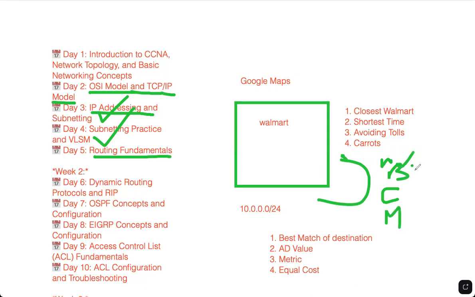But these are options that can be done to go to the Walmart, right? Similarly, in routing, there are different routing protocols. You can use a routing protocol like static routing. You can use protocols like RIP, OSPF, EIGRP. Just like your modes of transportation, in networking also there are different routing protocols.